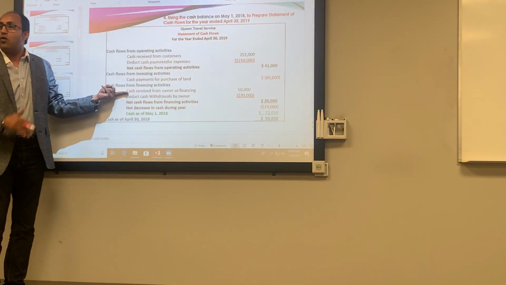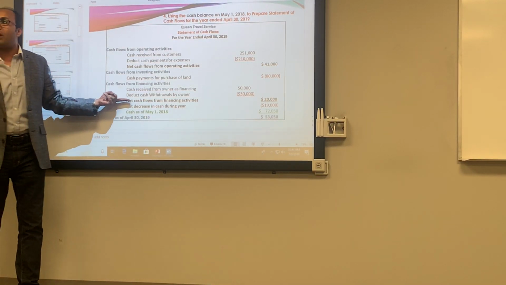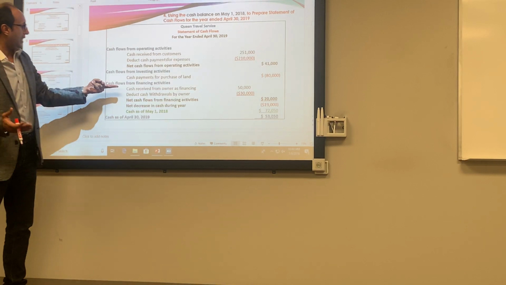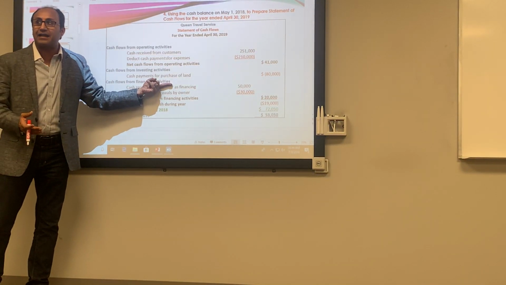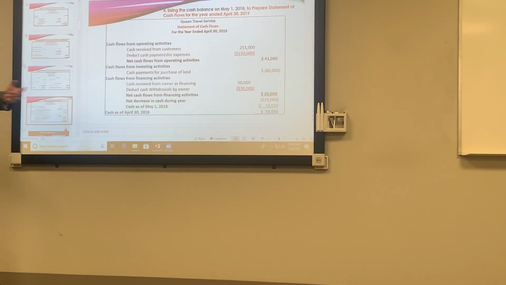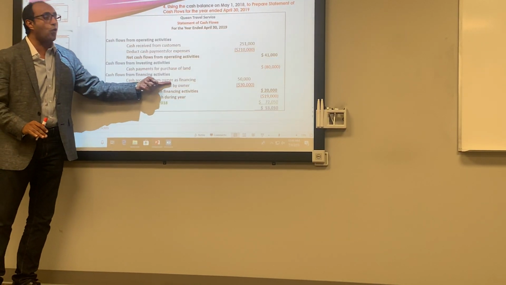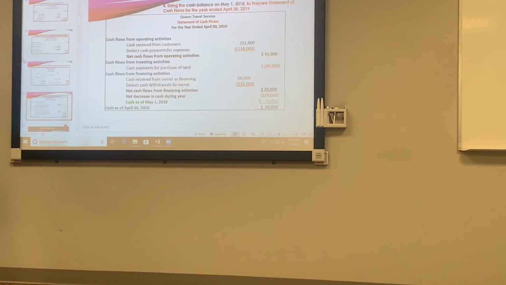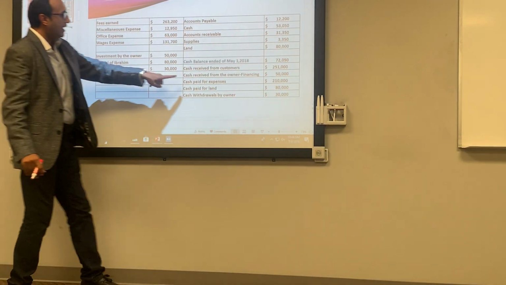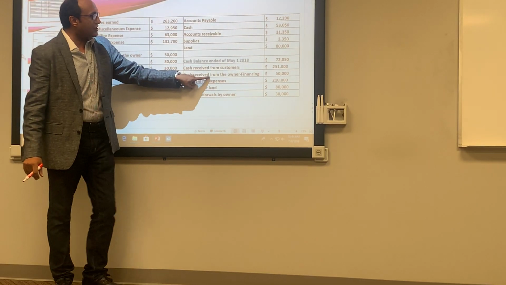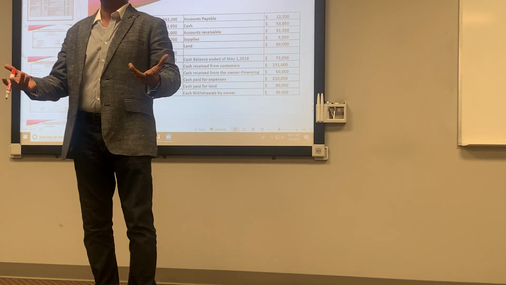Then I will go to the last section to know what I have in financing. Here is the last section, cash flow from financing activities. So how much here? Cash received from owner as financing. If you go back to our table, I gave you cash received from the owner as financing.